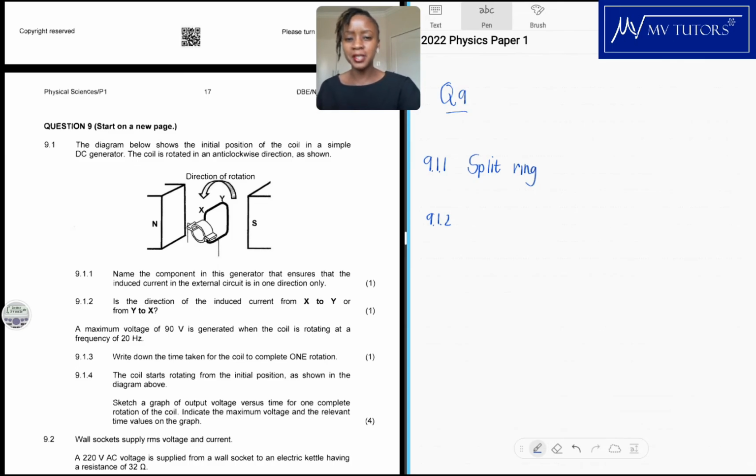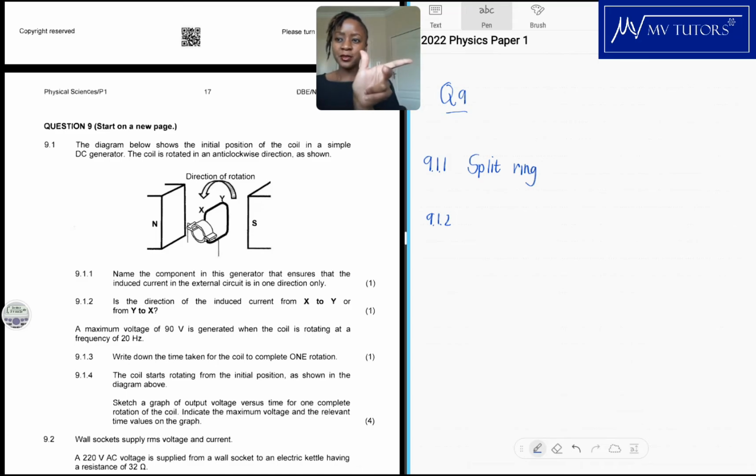Alright, so because we have a generator, we can use the right-hand rule. Okay, Fleming's right-hand rule. Remember, your index finger shows you the direction north to south, and your middle finger will be your current, and your thumb will be the thrust.